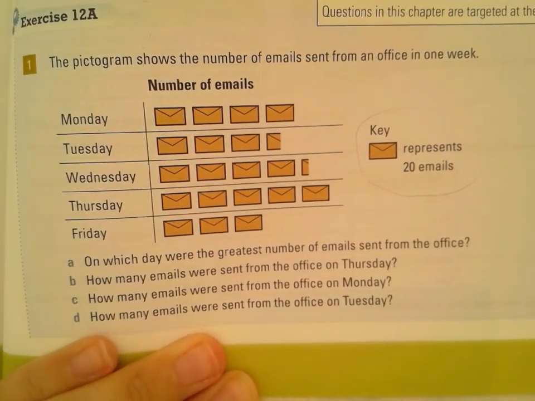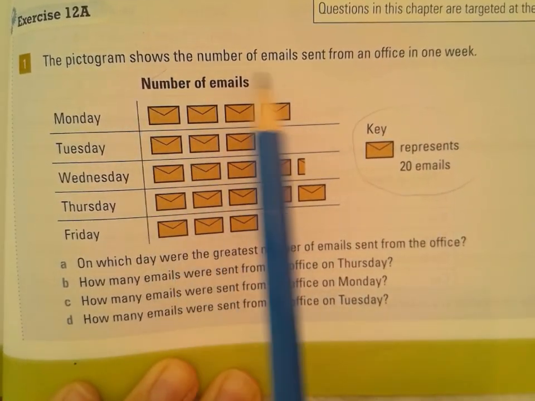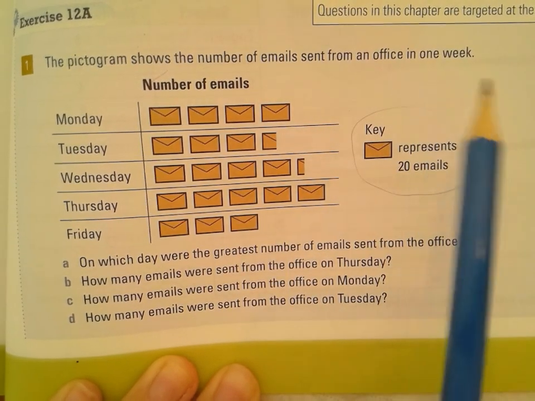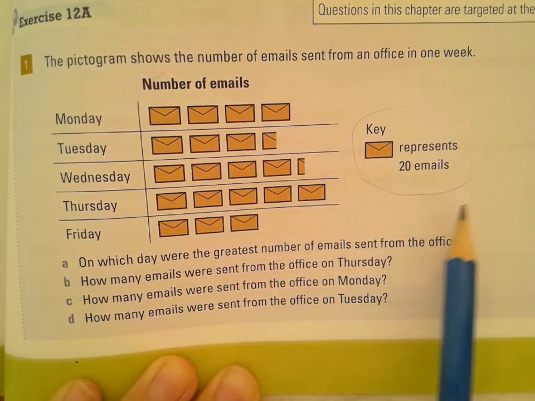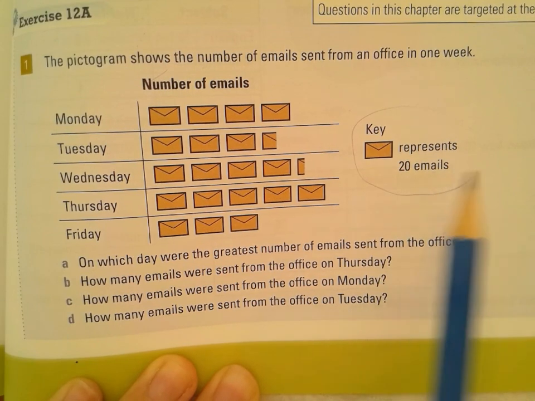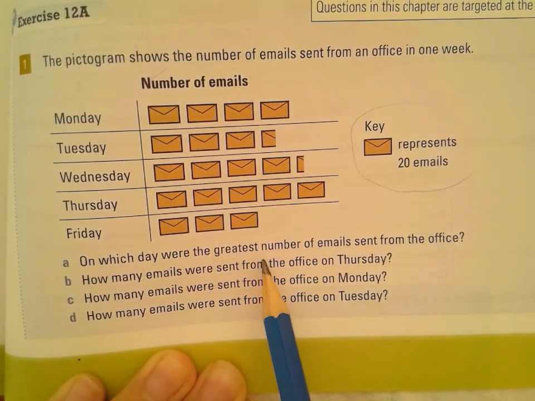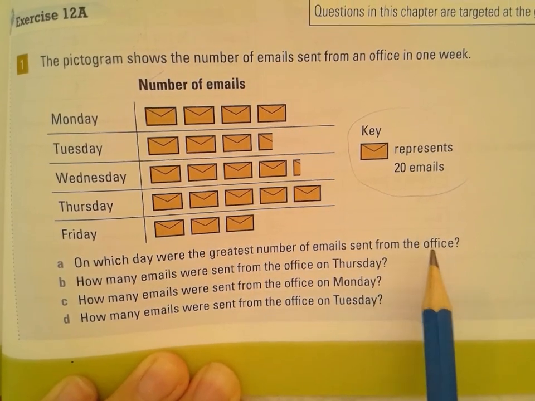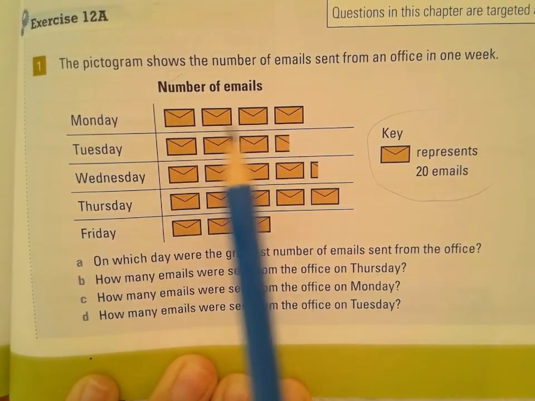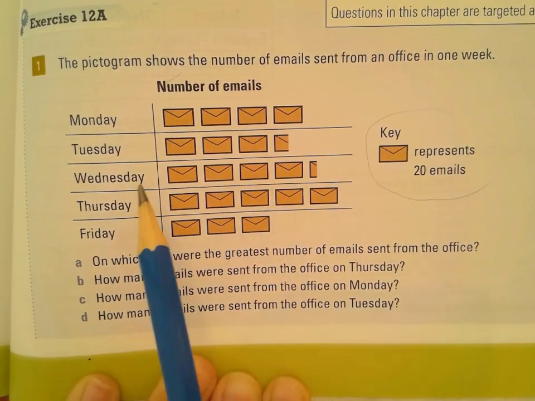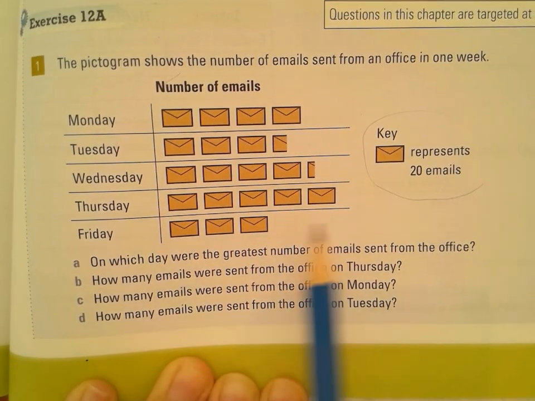The pictogram shows the number of emails sent from an office in 1 week. In my key, 1 envelope represents 20 emails. On which day were the greatest number of emails sent from the office? So I can look which one has the most envelopes in its line.